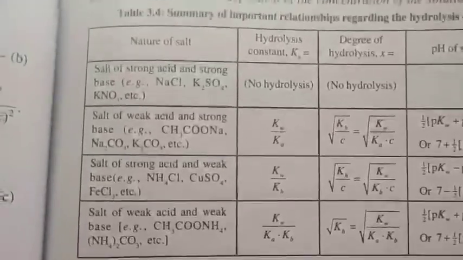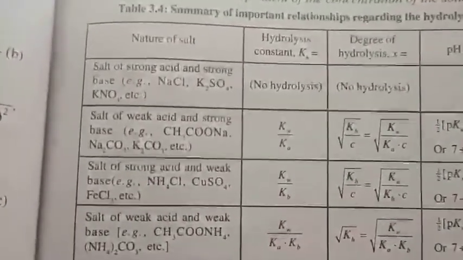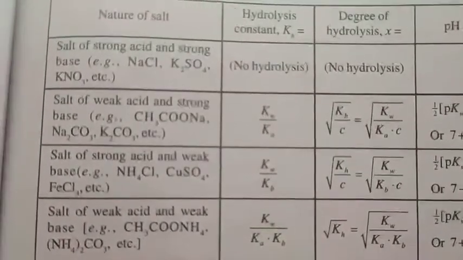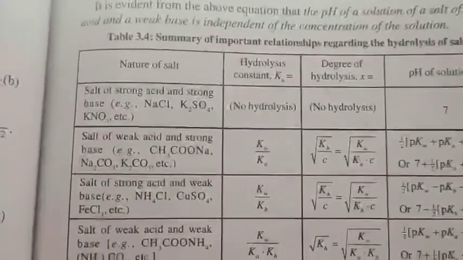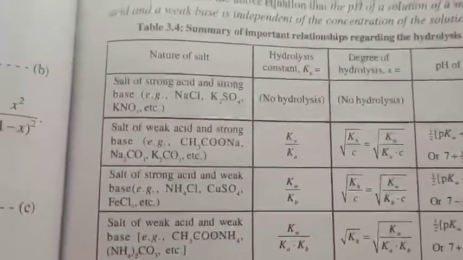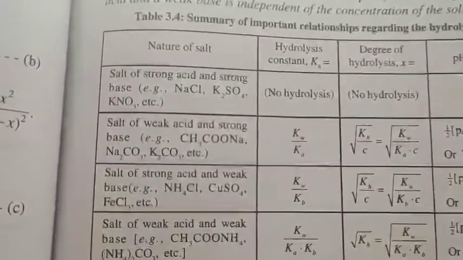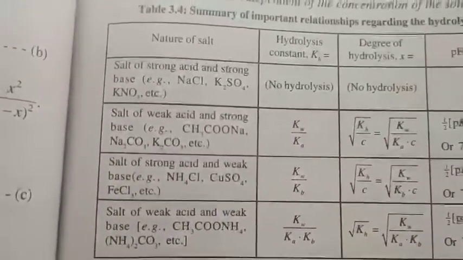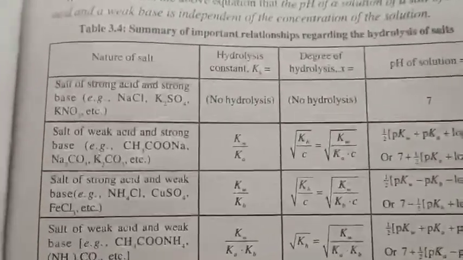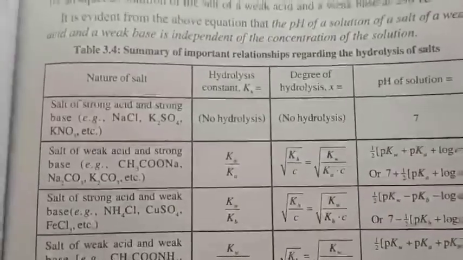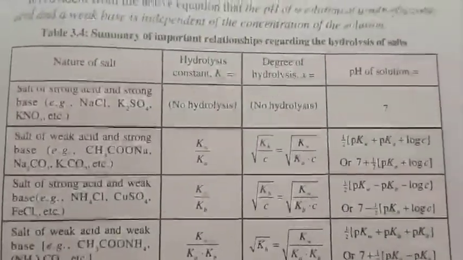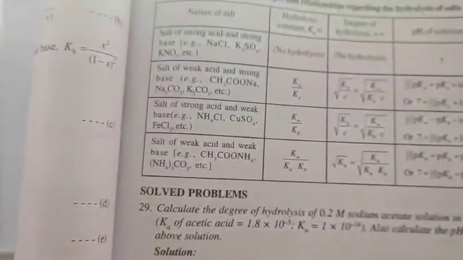Similarly, salt of a strong acid and a weak base like ammonium chloride, the expression for KH is Kw by Kb, the former being Kw by Ka, along with the degree of hydrolysis and pH. And finally the salt of a weak acid and weak base. Please go through this. I hope that you can follow this.